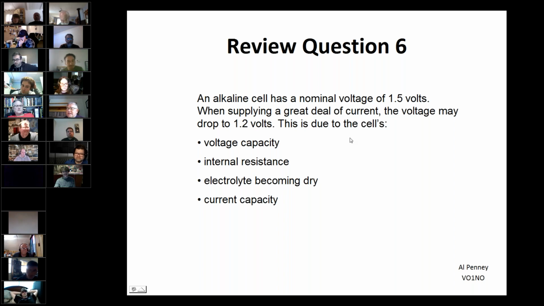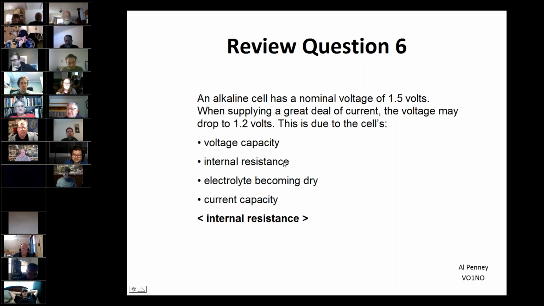An alkaline cell has a nominal voltage of 1.5 volts. When supplying a great deal of current, the voltage may drop to 1.2 volts. Why is this? It's due to the cell's what? Most people got it. Internal resistance.